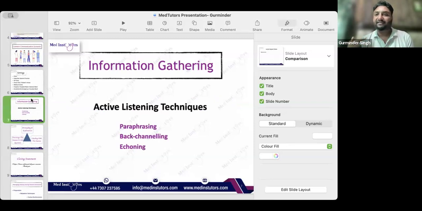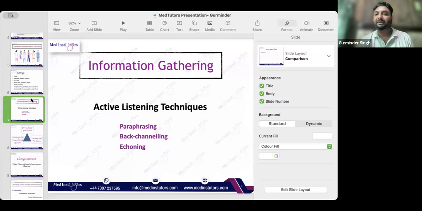So when we listen to somebody, when we listen to the patient, we have to show this through three ways: paraphrasing, back channeling, and echoing. We should show these so that OET can understand that, yes, I know how to listen actively, and I can show active listening techniques in my conversation.